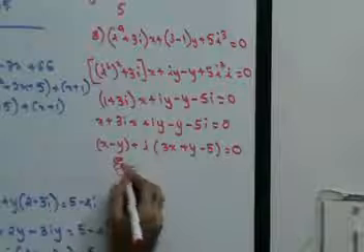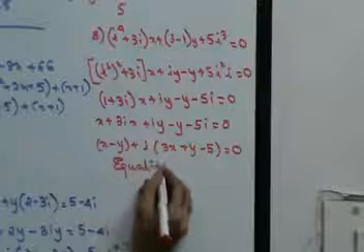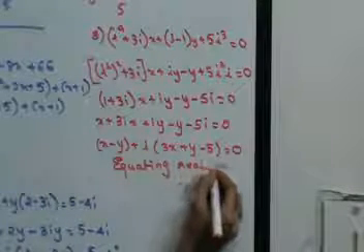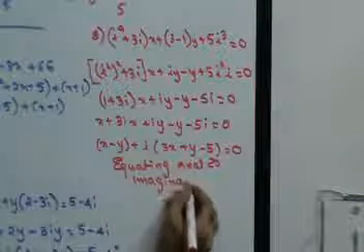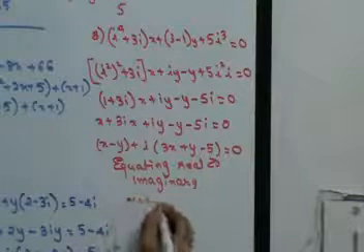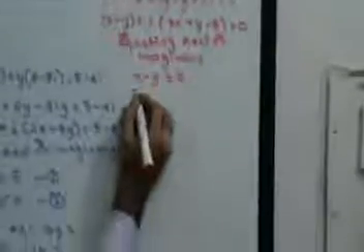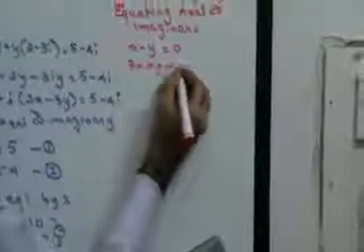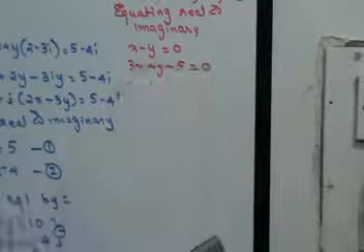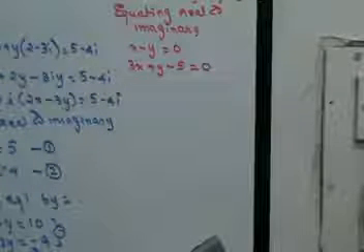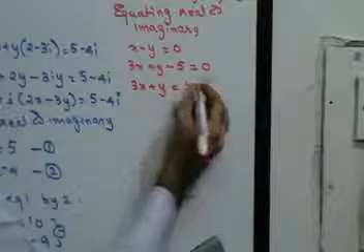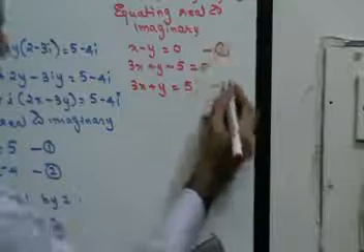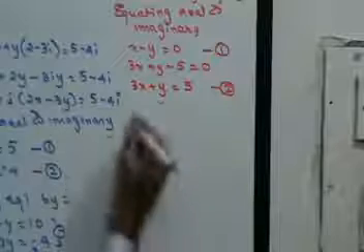Same thing that you've been doing in the previous two sums, equating real and imaginary. So I'll get x minus y is 0 and 3x plus y minus 5 is 0. Now, straight away I can say this as 3x plus y is 5. Call this as equation 1, call this as equation 2.